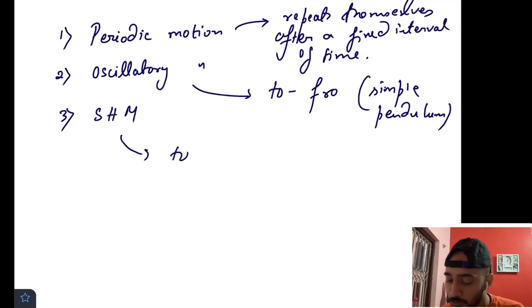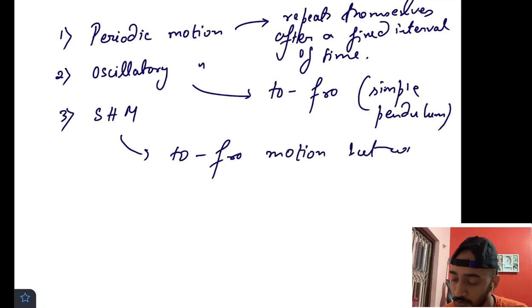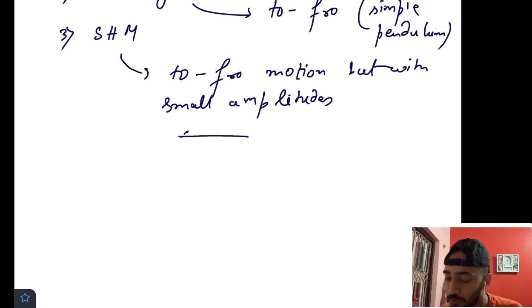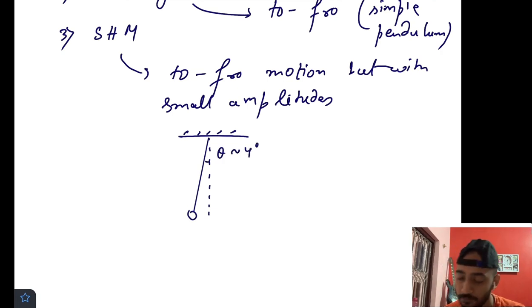So you can consider the motion of a simple pendulum as SHM, but the angular displacement of the simple pendulum won't be much. It would be nearly 4 degrees. Okay.